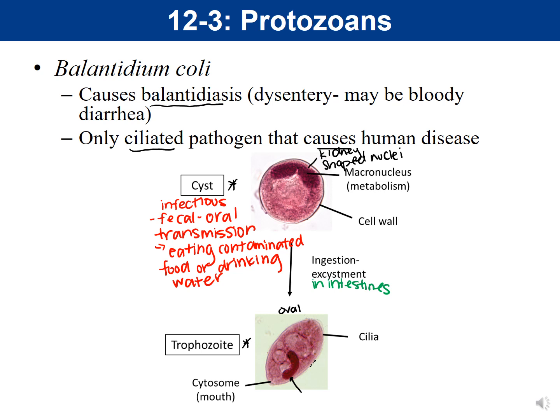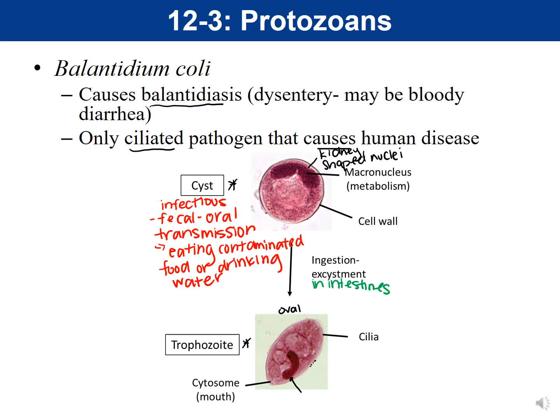Now, the problem with this is that if the fecal matter comes from somebody who is infected and those cysts come out in the feces and now they're on those crops, and let's say you eat those fruits or vegetables that have been contaminated by the fecal matter, and let's say you don't wash it thoroughly, or maybe the water sample that you're drinking from is contaminated by fecal matter.